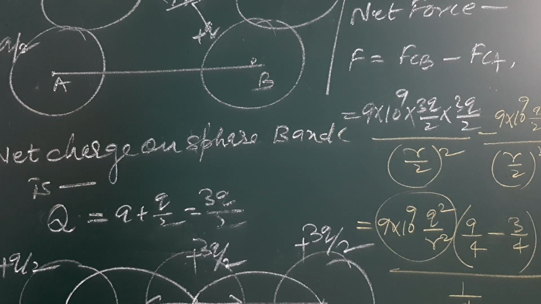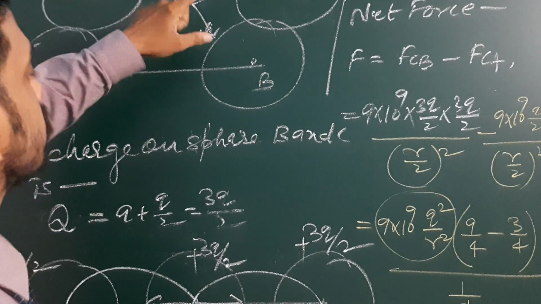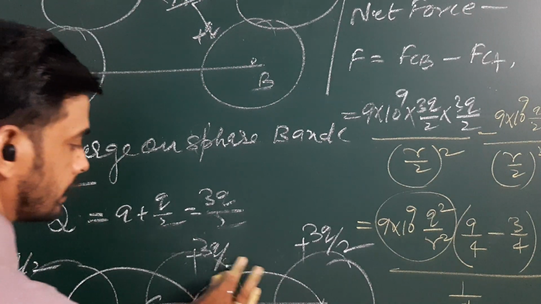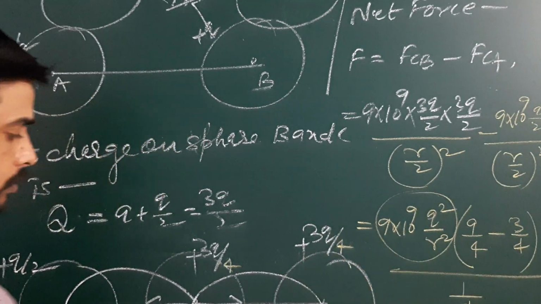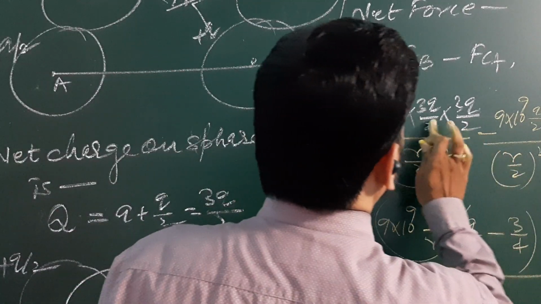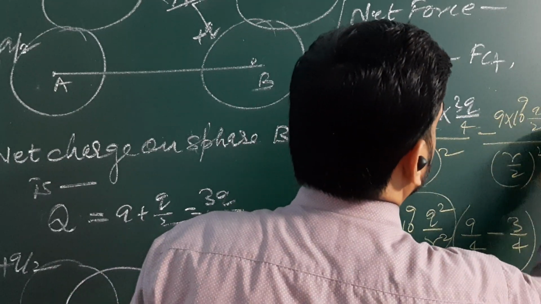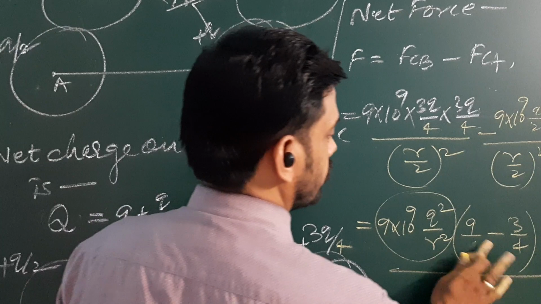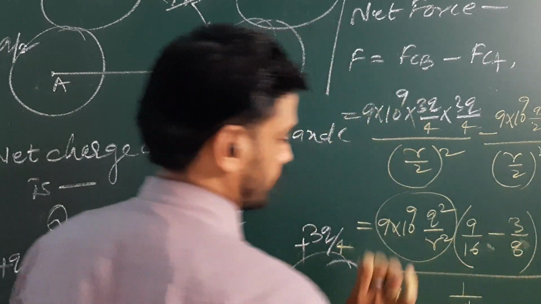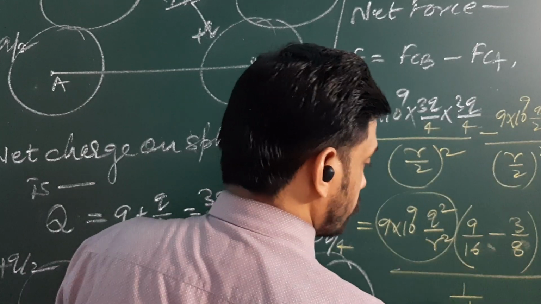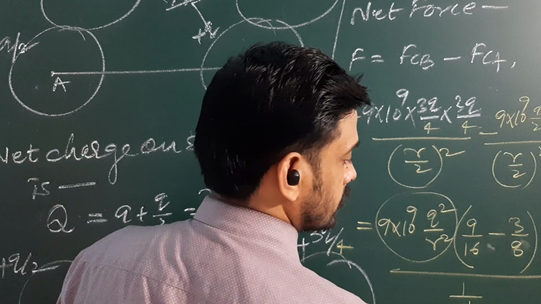Something is wrong, I think. When we divide it into two parts, half of 3q by 2 is 3q by 4. Here we have 3q by 4, 3q by 4, and q by 4. So here we have 9 by 16 and here 3 by 8. The LCM of 8 and 16 is 16.